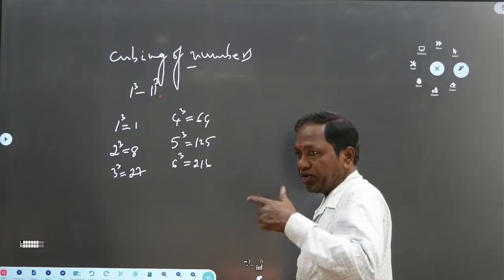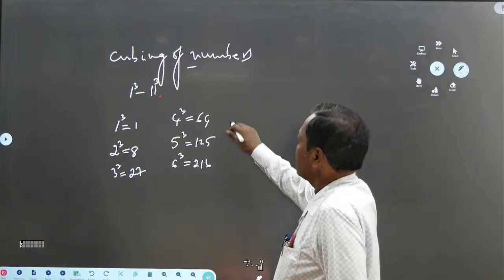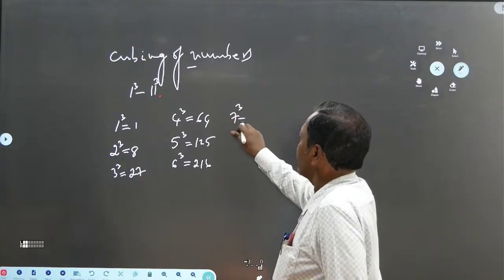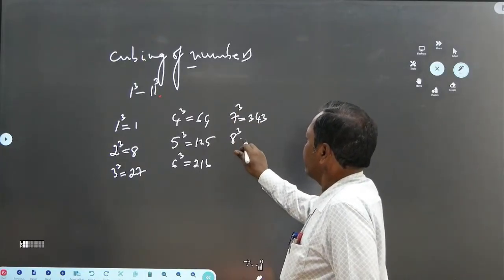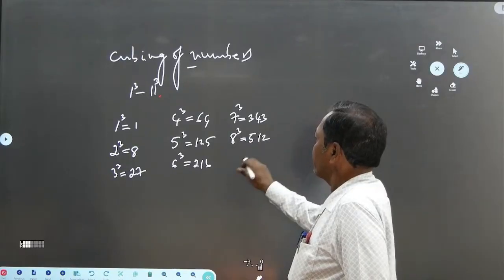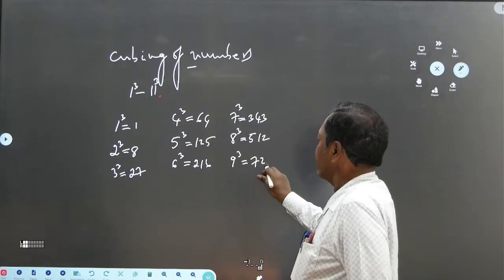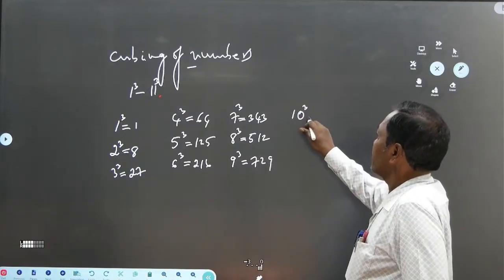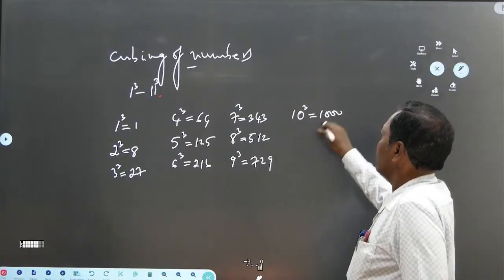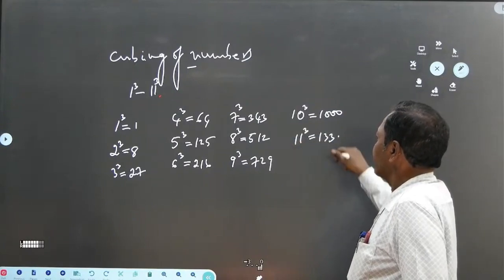This is a very useful shortcut for finding the unit digit. 7 cube 343, 8 cube 512, 9 cube 729, 10 cube 1000, 11 cube 1331.